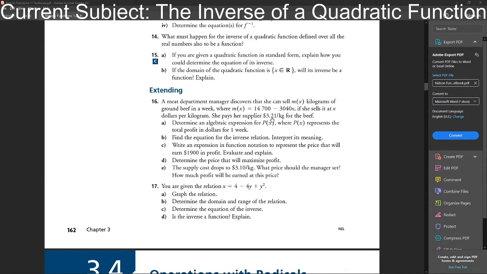She pays her suppliers $3 per kilogram for the beef. Determine the algebraic expression. Determine an algebraic expression where P, I'm guessing, is price.